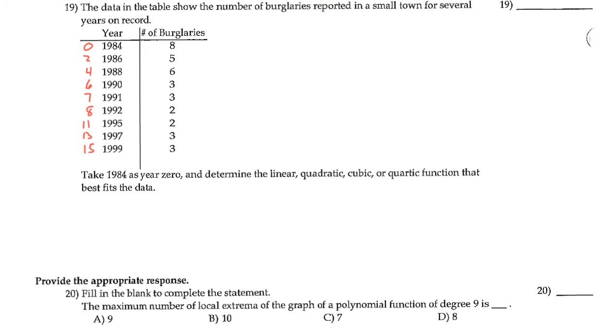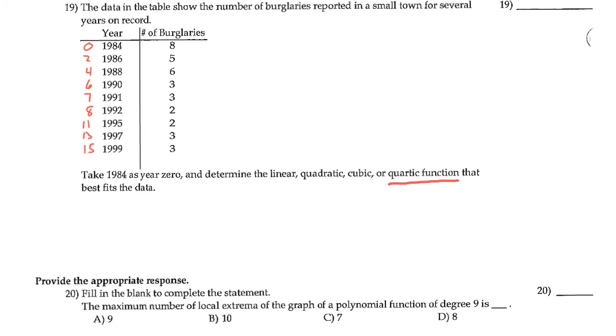Okay, on number 19, we want to first realize that 1984 is year 0 and adjust those accordingly. Put that into the calculator, and then calculate the linear regression, the quadratic regression, the cubic regression, and the quartic regression. And we'll find out that the quartic's r squared is slightly closer to 1, so it's probably the best fit.